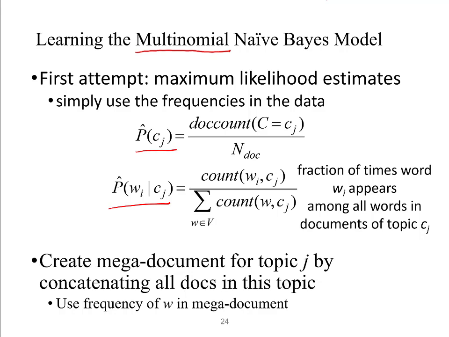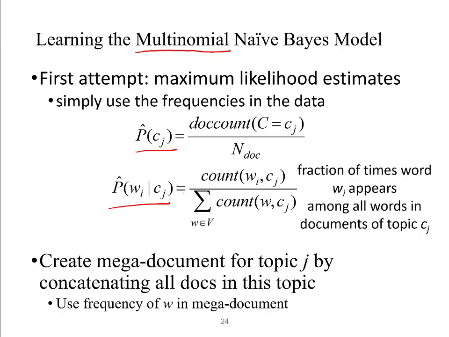But anyway, that is to distinguish two different naive Bayes models. In this lecture and also in the project, we will consider a multinomial naive Bayes model.